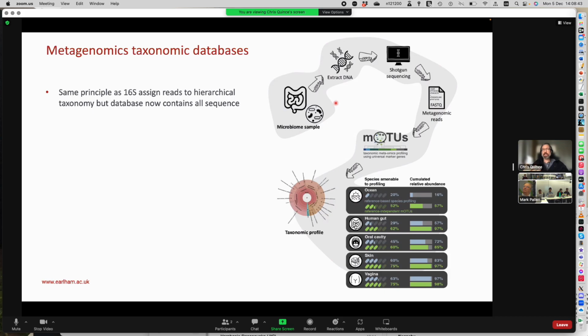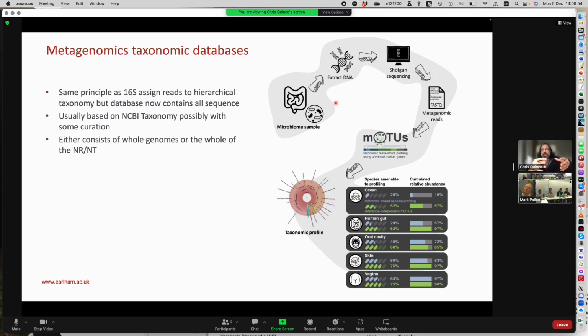We're going to take each read and try to assign it to a taxon given a database of known taxa and sequences. The fundamental difference, though, is that we haven't got a single marker gene, so for most methods we need to have the whole reference genome in our database.